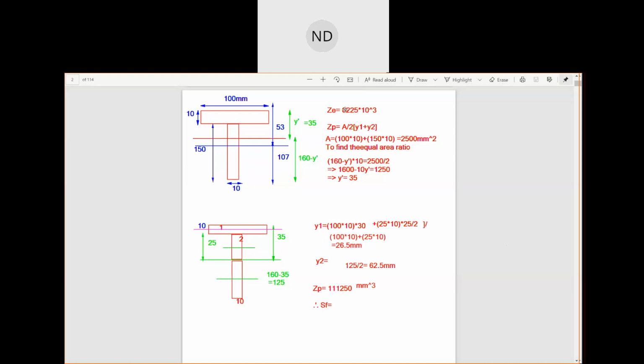I think this point was missed out here. 6.225 into 10 to the power 3. Okay, correct.